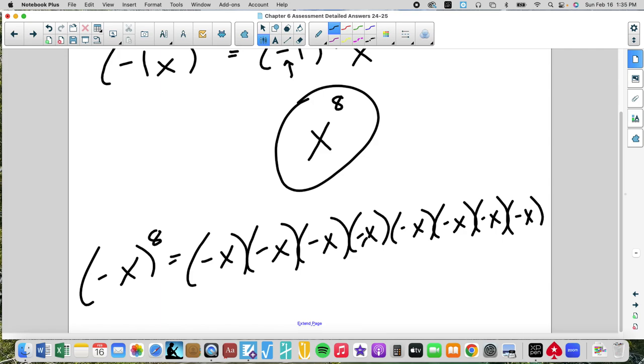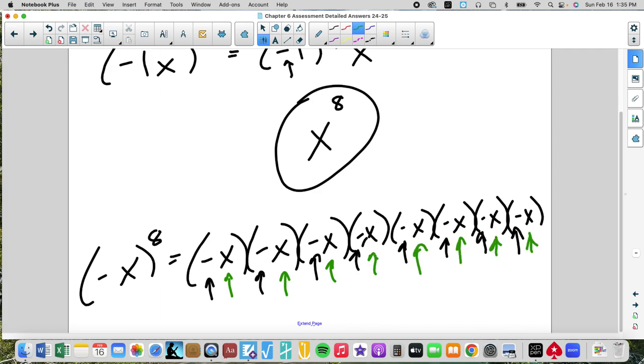This is way too time consuming, but you still have 1, 2, 3, 4, 5, 6, 7, 8 negative ones multiplying each other, which makes positive 1. And then you have x times x times x times x times x times x times x times x, which makes x to the 8th. That is the wrong way to do it.